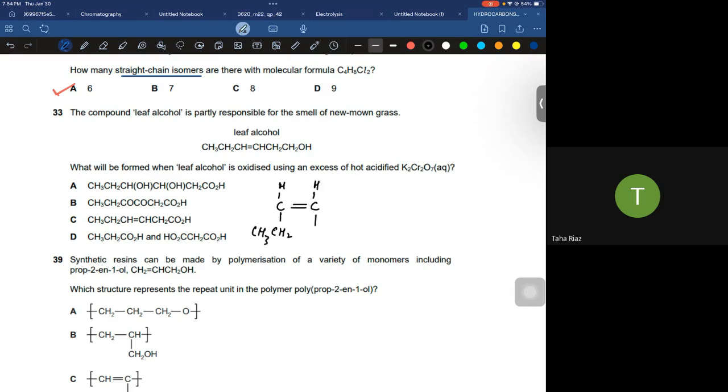It is getting oxidized, but the thing is, what would be the product? It would be breaking down over here. So that's the case.